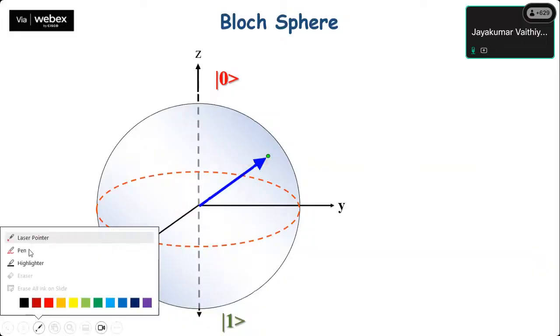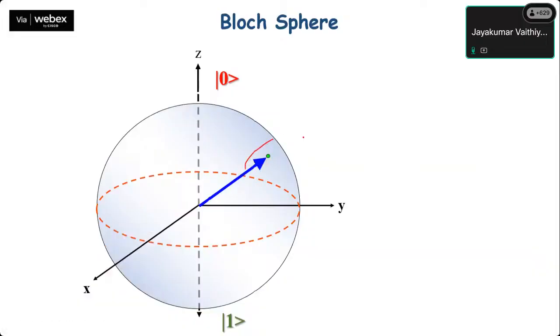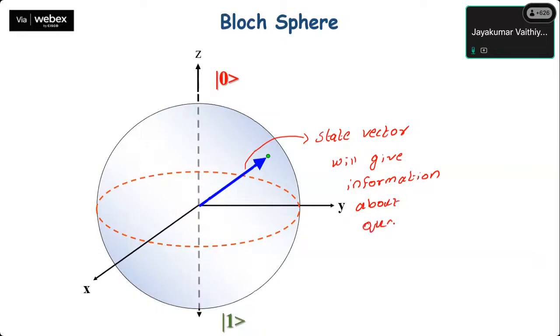This state vector will give information about the quantum particle. What could your quantum particle be?